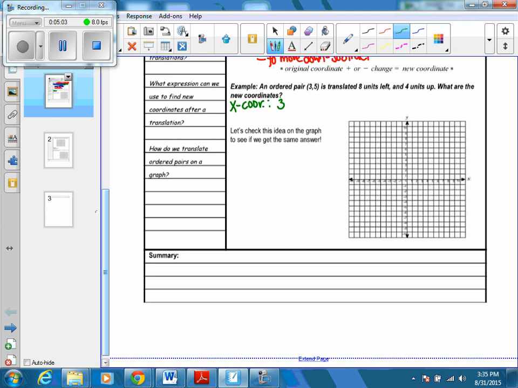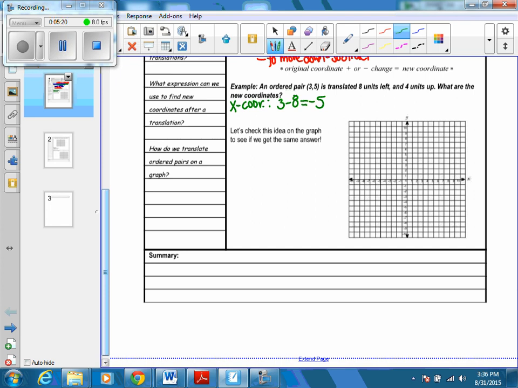Now our note said to move left, we subtract. So 3 minus 8. My new coordinate is going to be negative 5. Remember, if I start with 3 and move back 8 spaces, that gives me negative 5.